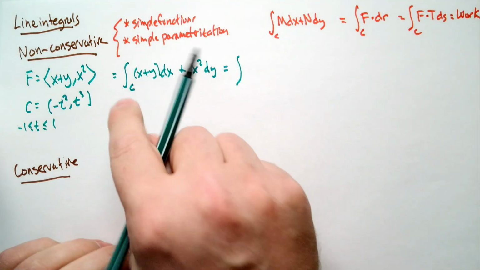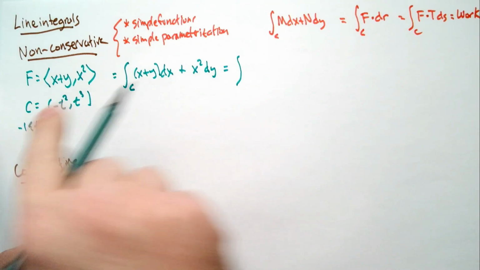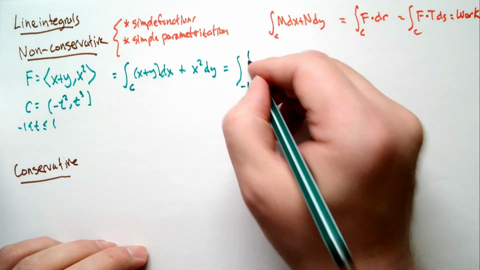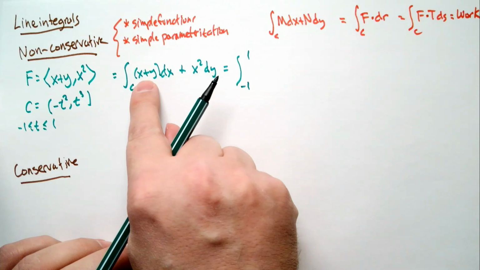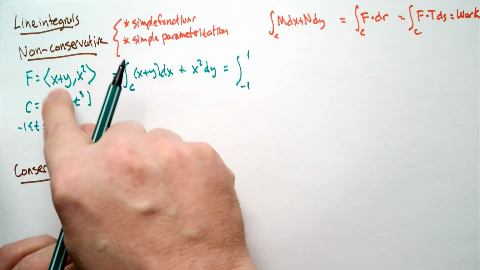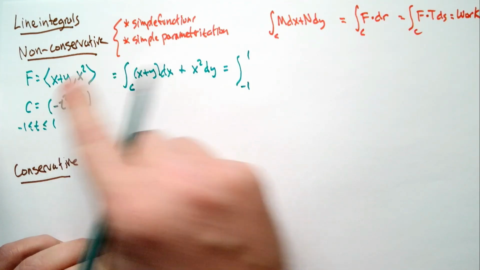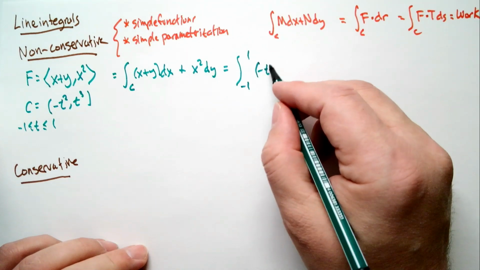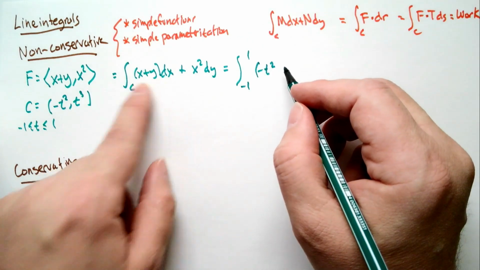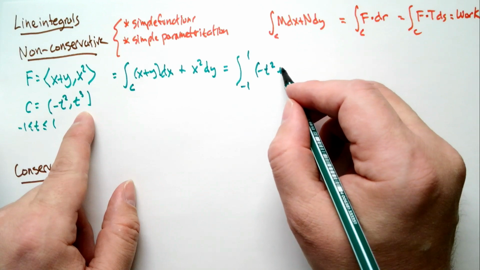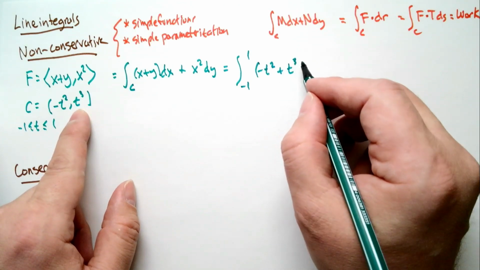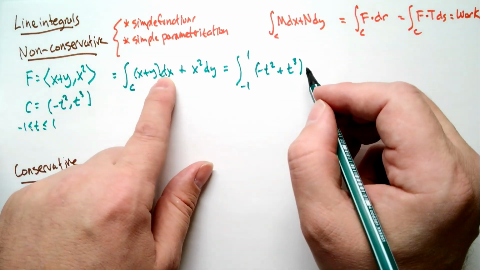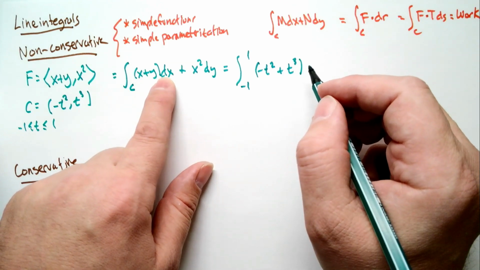So your curve, put in your bounds, -1, +1. Everything that's an x gets replaced by what x is. So minus t squared. Then everything that's a y becomes what the y is. So that's t cubed. The dx, that's x prime.